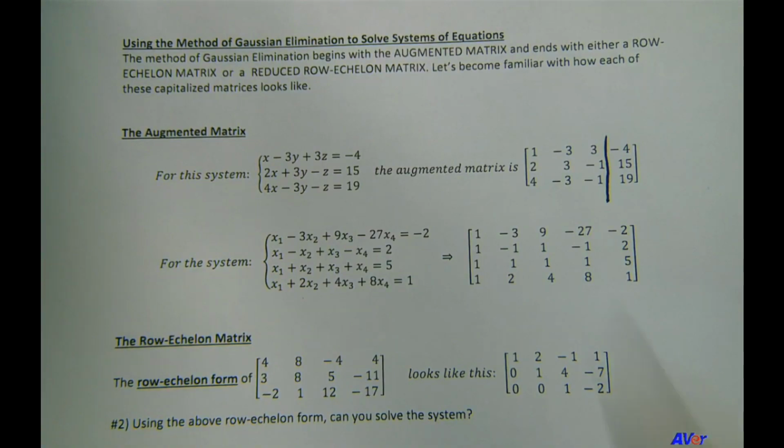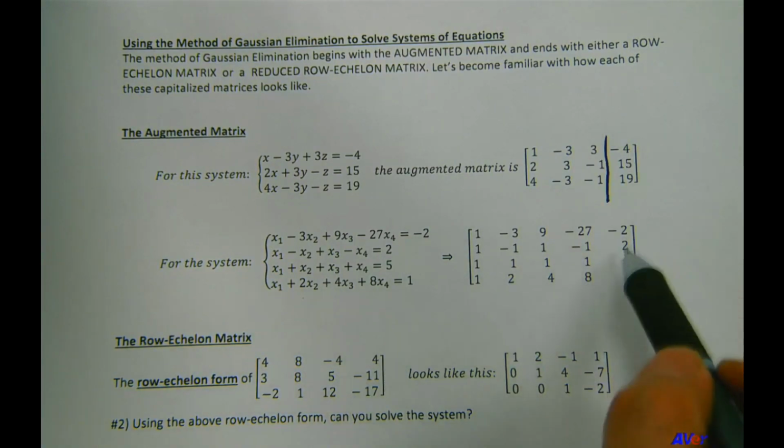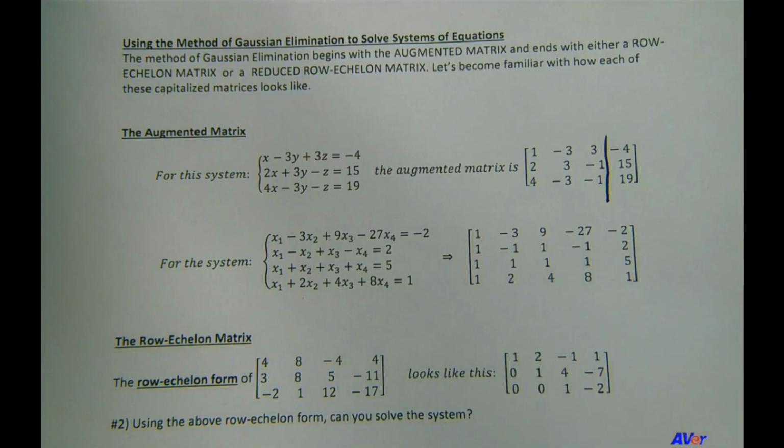If it's not there, it means that those numbers are the constant values from the original system. It's very, very important for you to, even though the variables are not there, realize in your mind that these are the coefficients of those variables. You should keep that in mind as you go through this procedure.